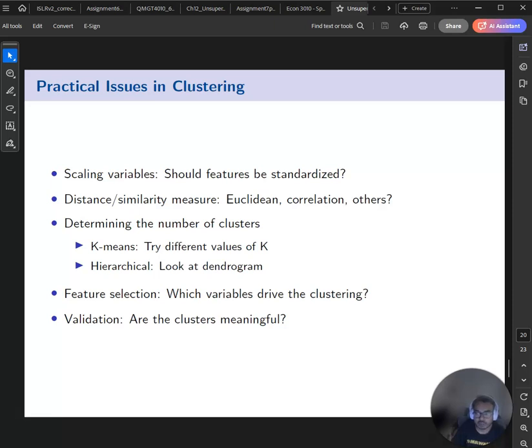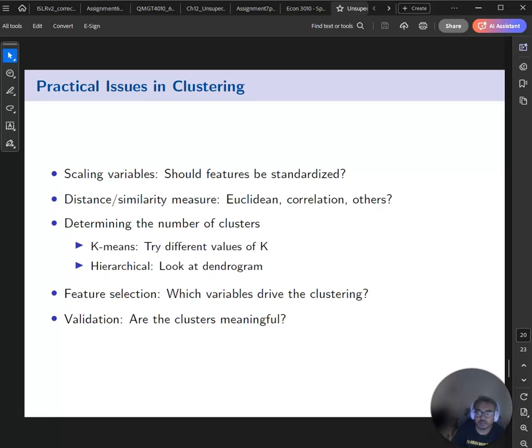Euclidean distance is the most common, but correlation-based distances might be more appropriate when we care about patterns rather than absolute values. For categorical data, other measures like the Jaccard similarity might make more sense. The choice of distance measure should align with what similarity means in your specific context.